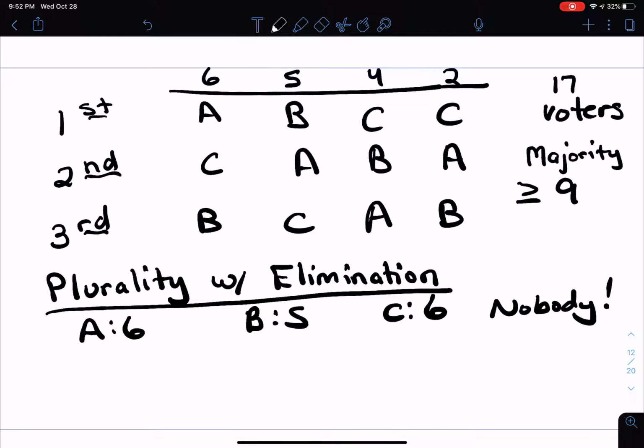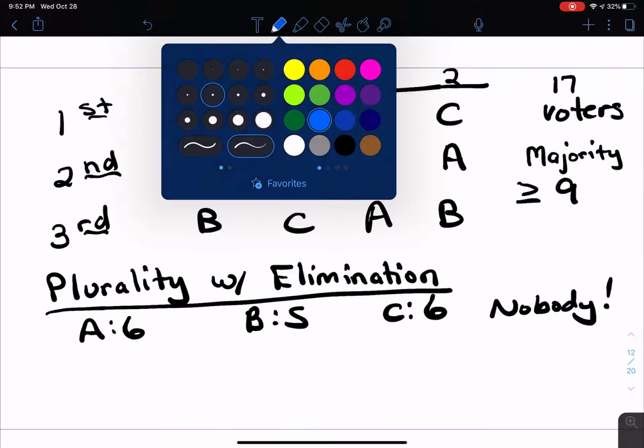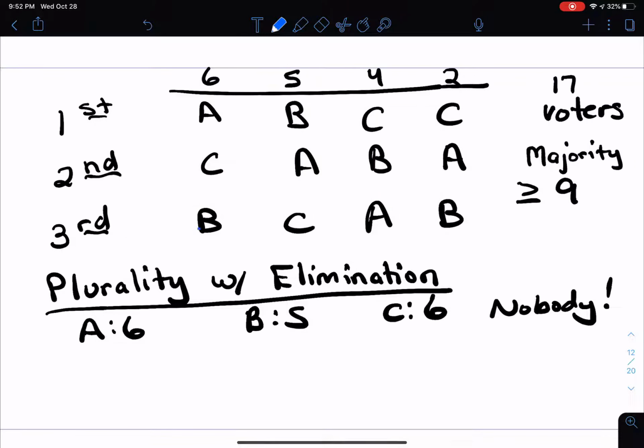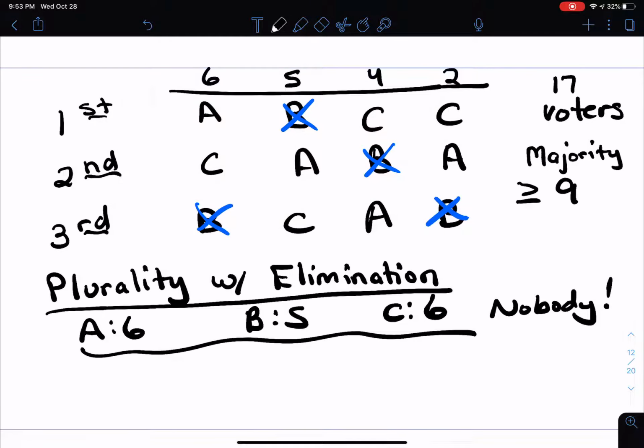So remember, with this method, whoever had the fewest votes gets bumped out. So B gets bumped out. And now it's just first and second place. So now A has 6 plus 5, that's 11 of the first place votes.